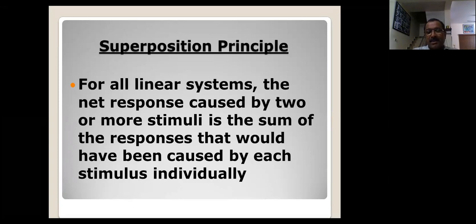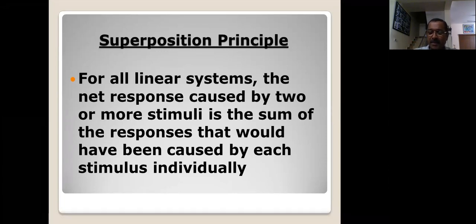But the superposition principle says that if you want the net response, you take one input at a time, take the output, note it down, then give the next input, collect the output, note it down. You repeat the process. Let us say 1,000 inputs are there.